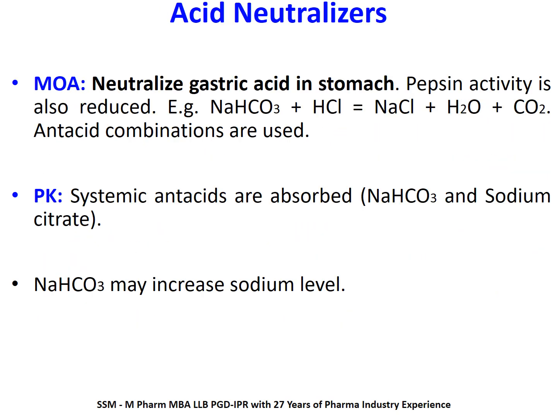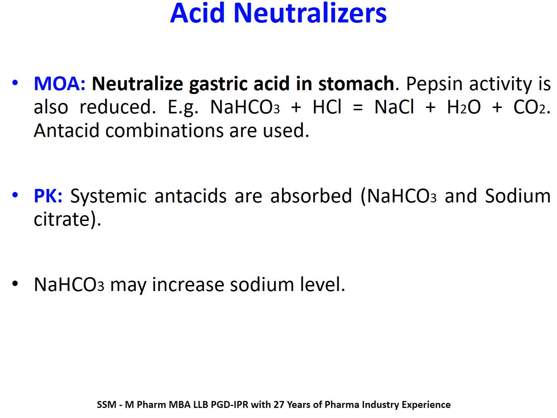Next class is acid neutralizers. They neutralize gastric acid in stomach chemically, and pepsin activity is also reduced. You can see the example in this reaction: sodium bicarbonate reacts with hydrochloric acid, which forms sodium chloride, water, and carbon dioxide. Usually, antacid combinations are used.